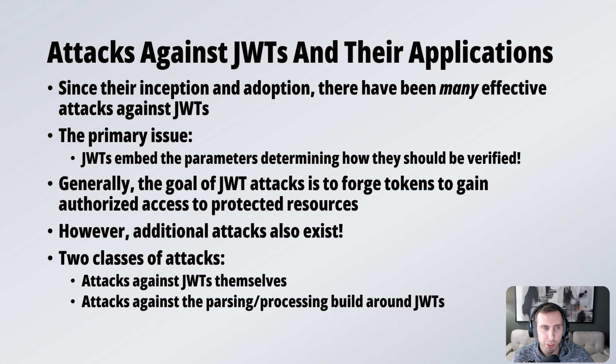Okay, so when we're talking about the actual attacks against JWTs and the applications that implement them, there is a wide range of issues, and generally what I've tried to do is separate these into two categories. One is attacks against JSON Web Tokens themselves, which is attacks against the assurances that they bring.